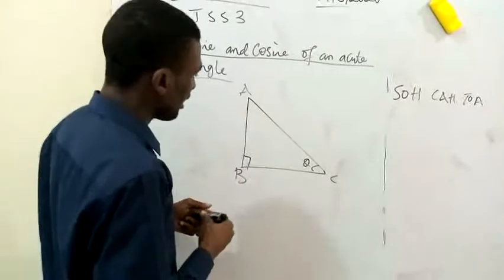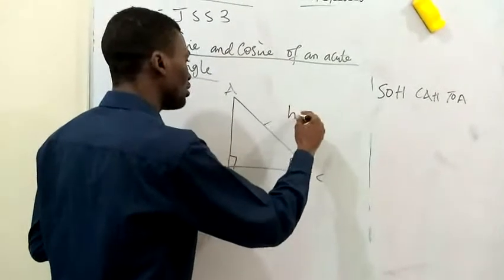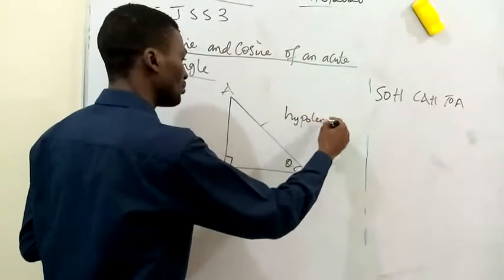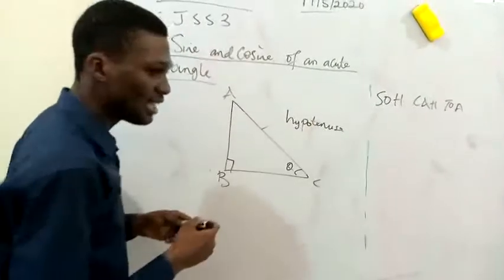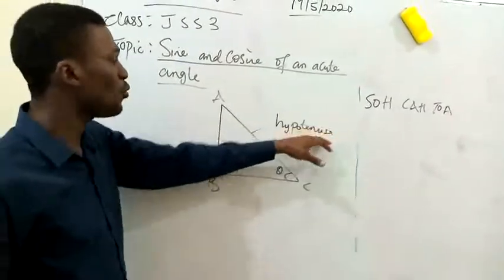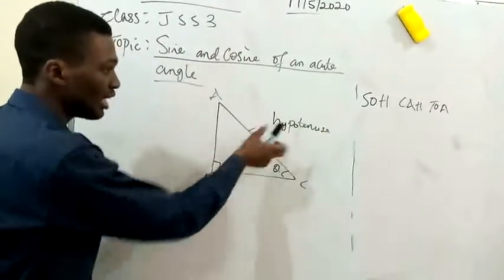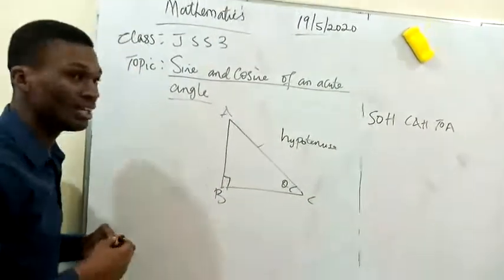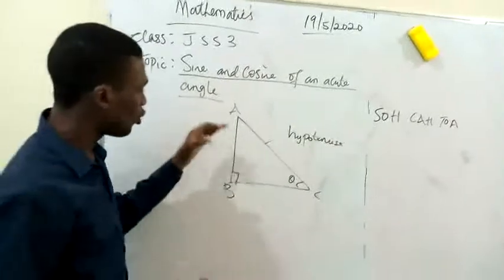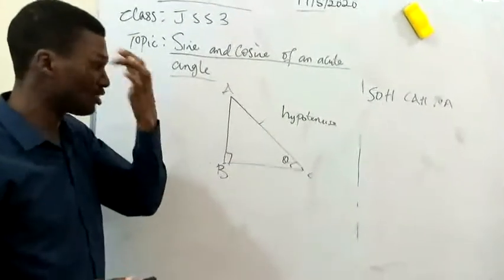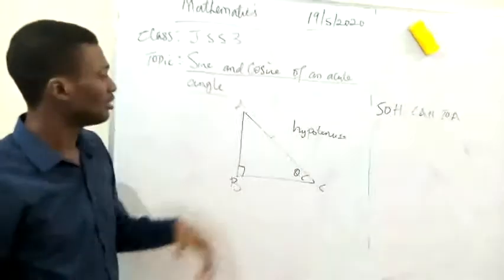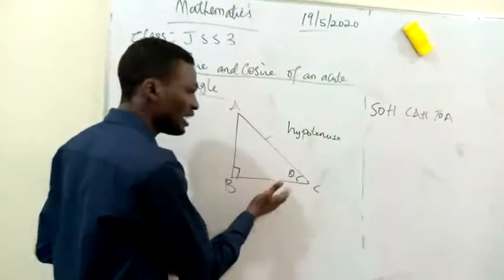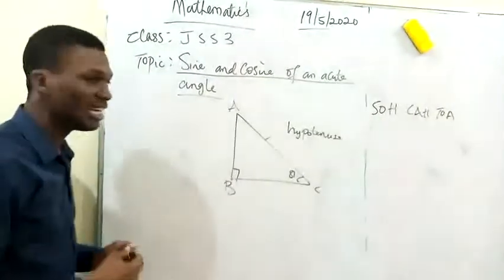The longest side is always called the hypotenuse, and it's always opposite our 90 degrees. Our opposite and adjacent sides depend on where our angle theta is situated.